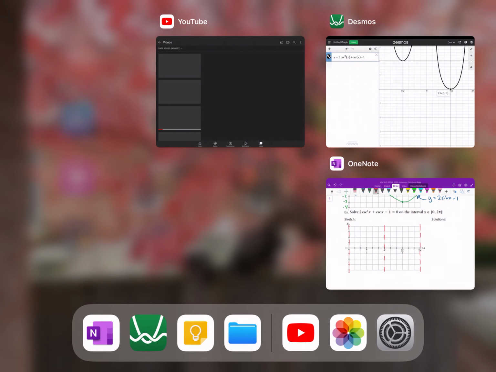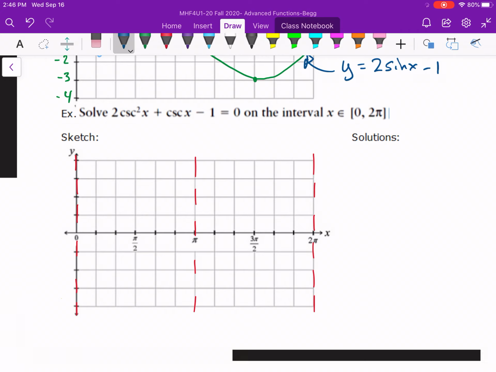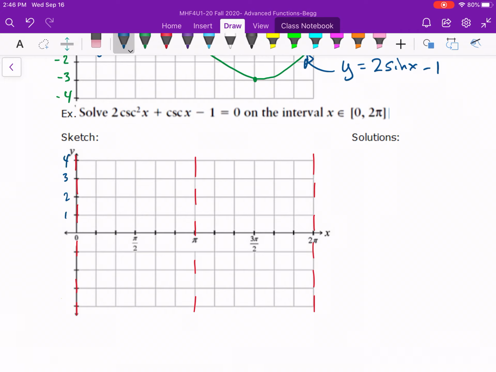So if I make my scale 1, 2, 3, 4 like that, then this part comes down as far as 2. This part was the only part that came down and touched the x-axis, and that's my solution. 3 pi over 2.